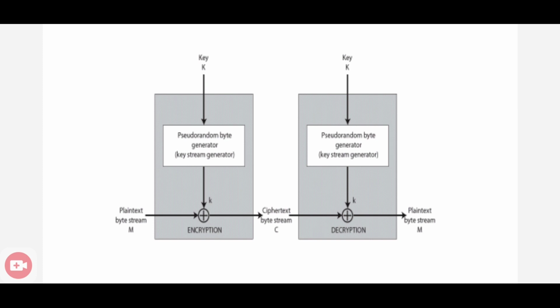In the same way, we have the cipher text and the key stream as inputs in the decryption procedure. We perform the same XOR operation to get the plain text. Then from where do we get this key stream? By using the pseudo random byte generator, we get a key stream from the key.